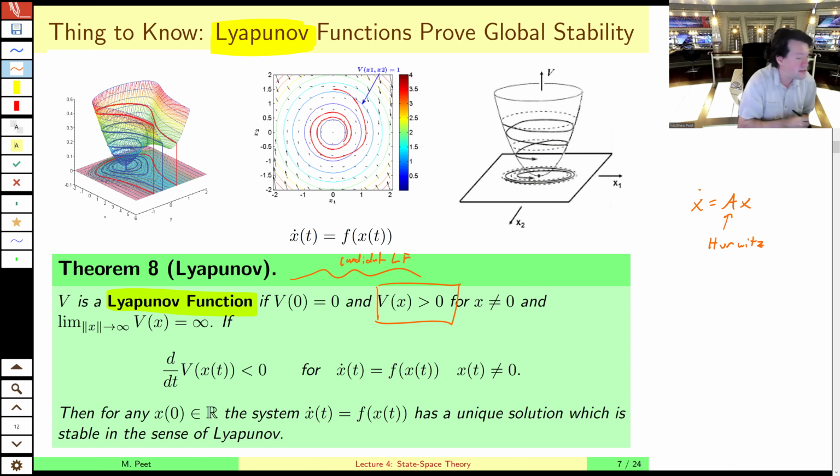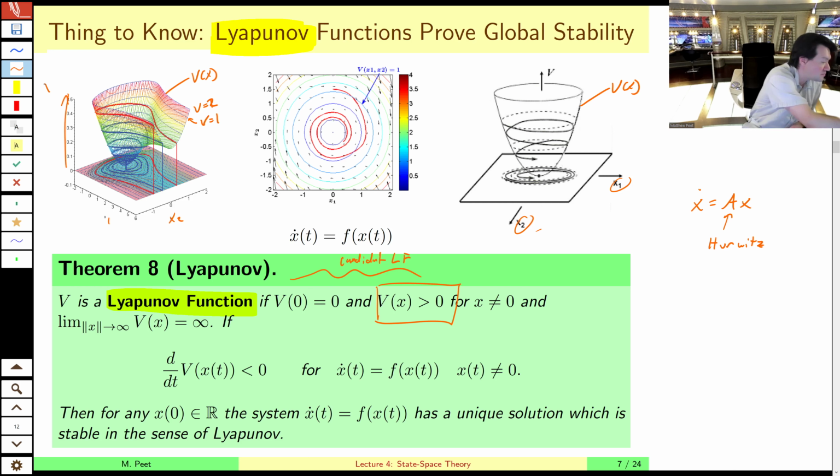And here we've got some visualizations of Lyapunov functions for systems. So this is the function V of x, this is x1 and x2. It's a 3D image of the Lyapunov function, and these are the level sets. So this is V equals 1, or 2, for example. The important property, however, is that it's always positive, V is greater than 0 everywhere.